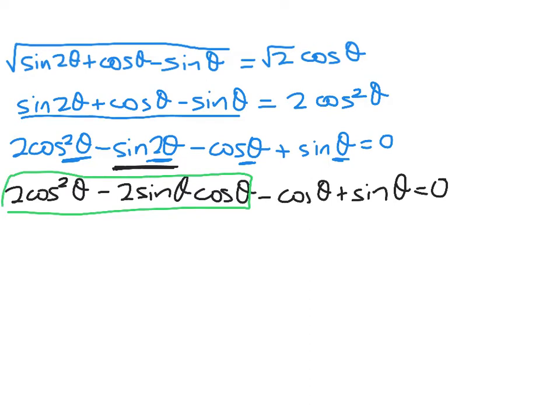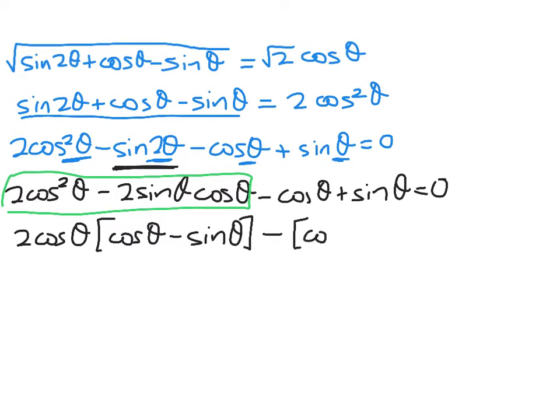So I'm going to look at this pair of terms here and see that I've got a common factor of 2 cos theta. So take that out. It's cos theta minus sine theta. Now I should be feeling really happy because I can see that I've got that factor repeated over here. So cos theta minus sine theta equals 0.